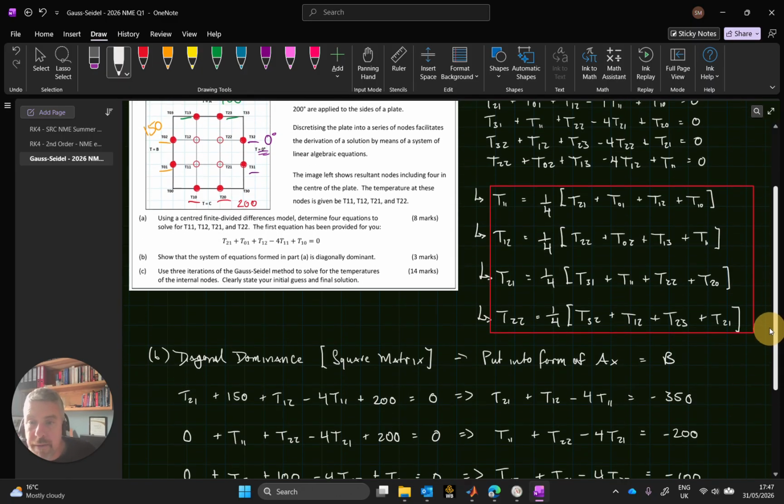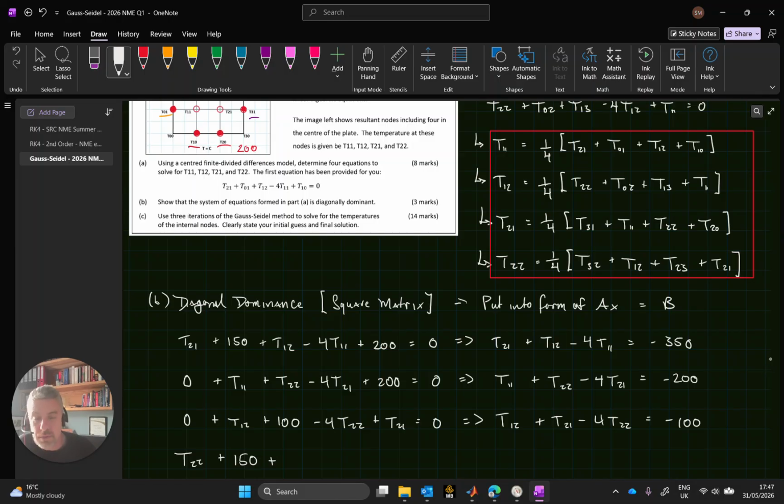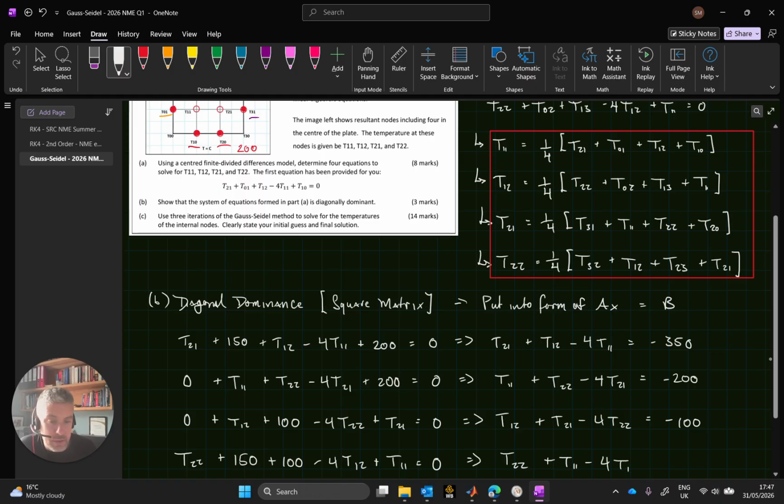T13 is on the top, is 100. Minus 4T12 plus T11 is equal to 0. And now we can rewrite this. We'll go for T22 plus T11 minus 4T12 is equal to minus 250.